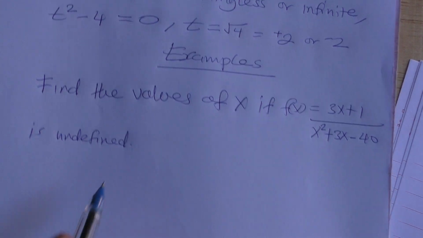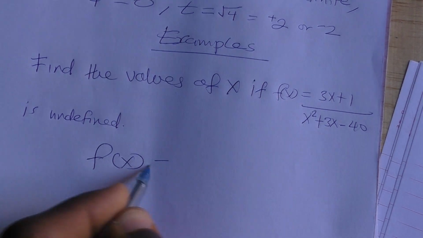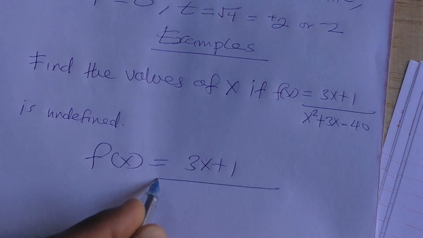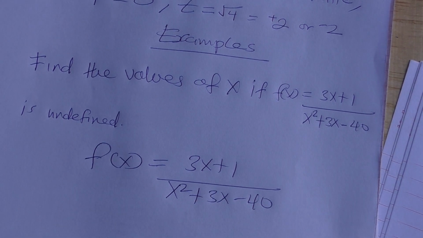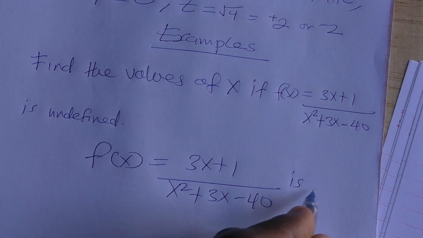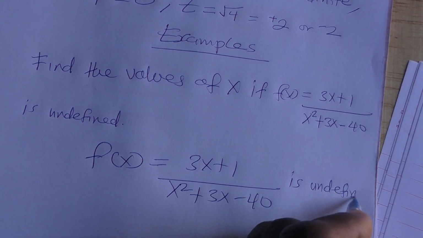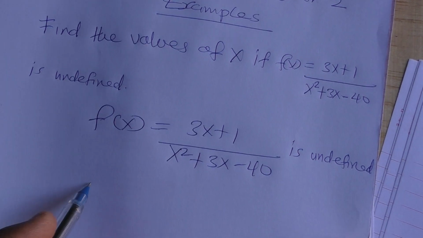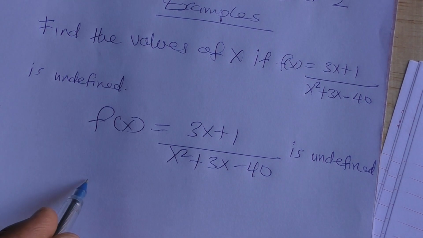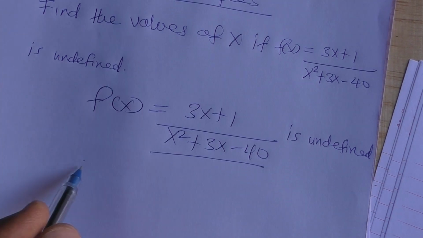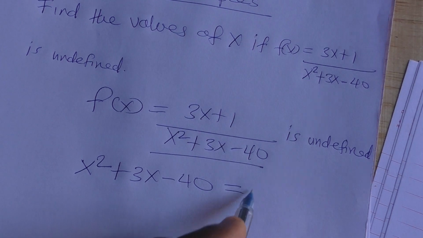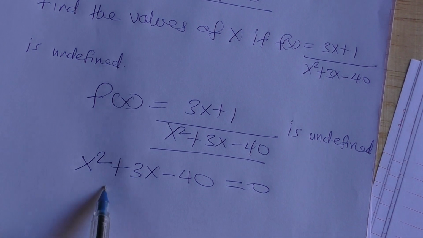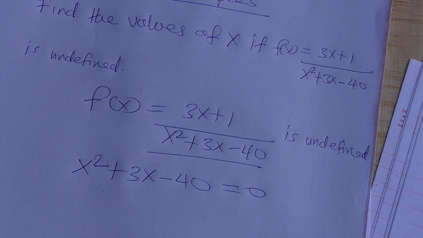So if this function is undefined, then it means that its denominator, which is x squared plus 3x minus 40, equals 0. And if this equals 0, then we can find the value of x.